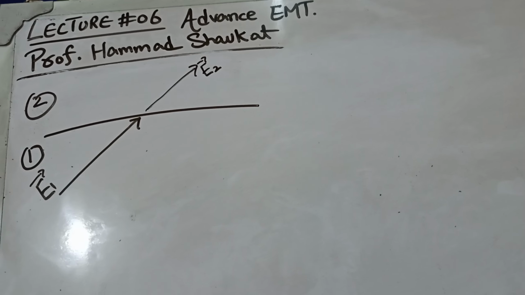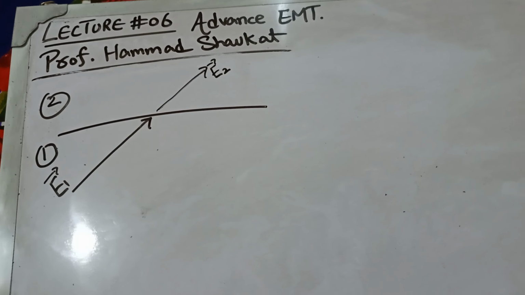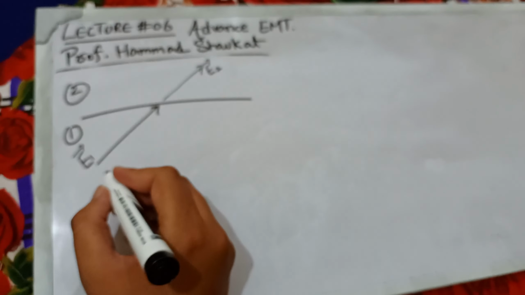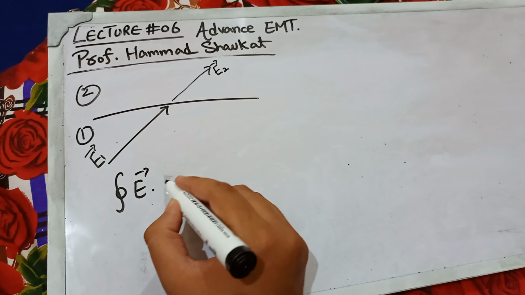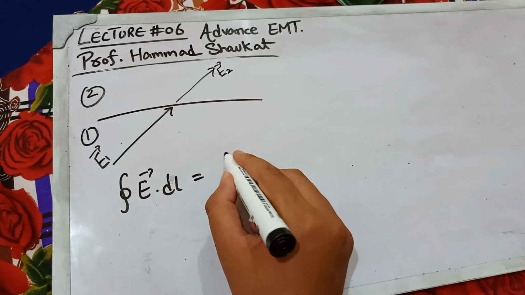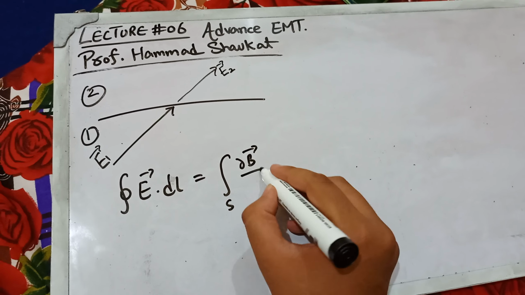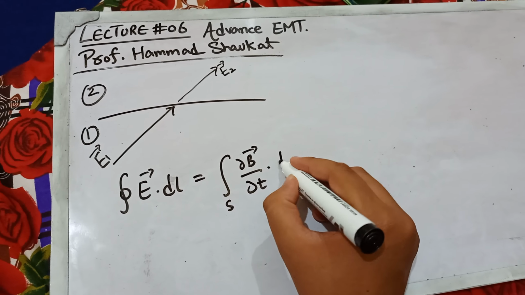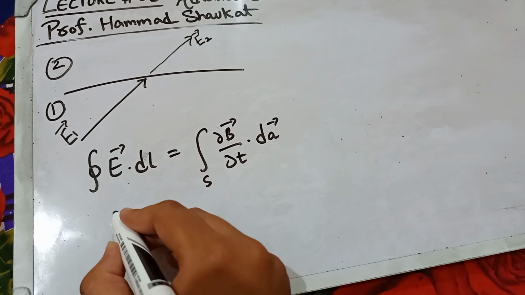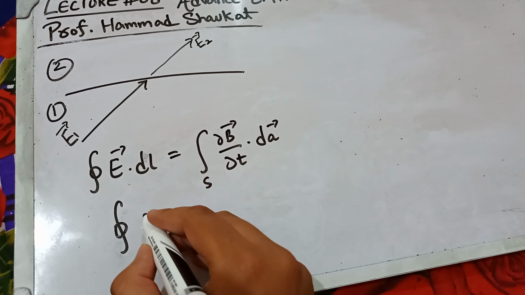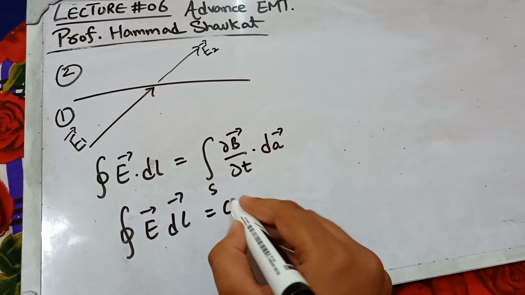The electric field relation, for Faraday's law. You already know what Faraday's law relation is. It is the closed integral of E dot dl, which equals the surface integral of partial B over partial t, dot dA. This is for the other case, but in that case what we have to do is take the closed integral over D dot dl, and it must equal 0.